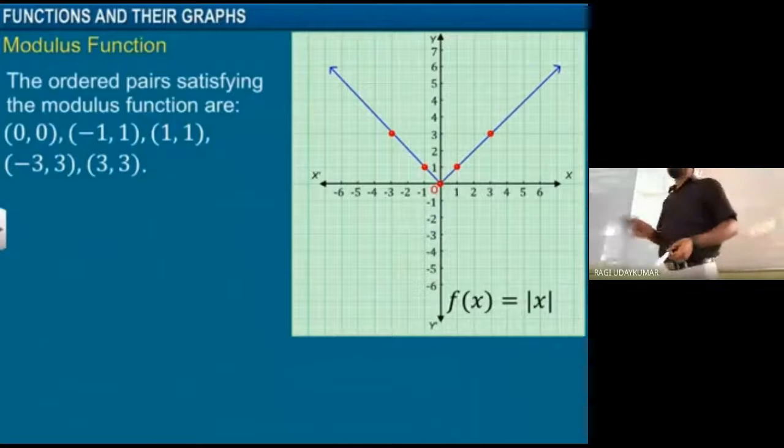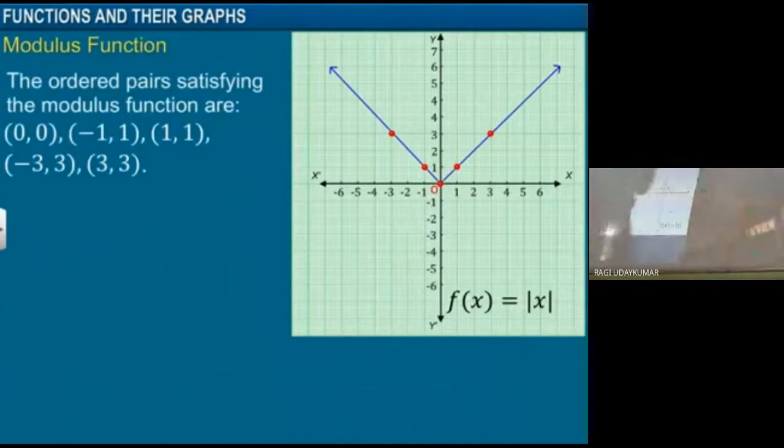The difference is that if mod x is given to you, then the graph will be passing through the origin. Clear? This point.